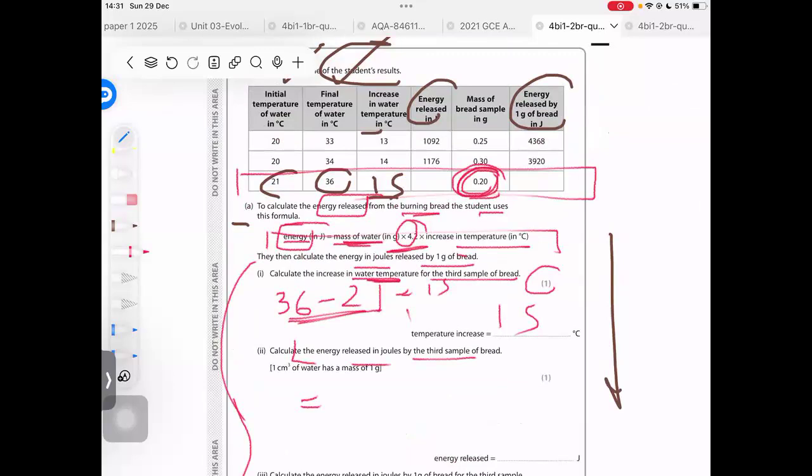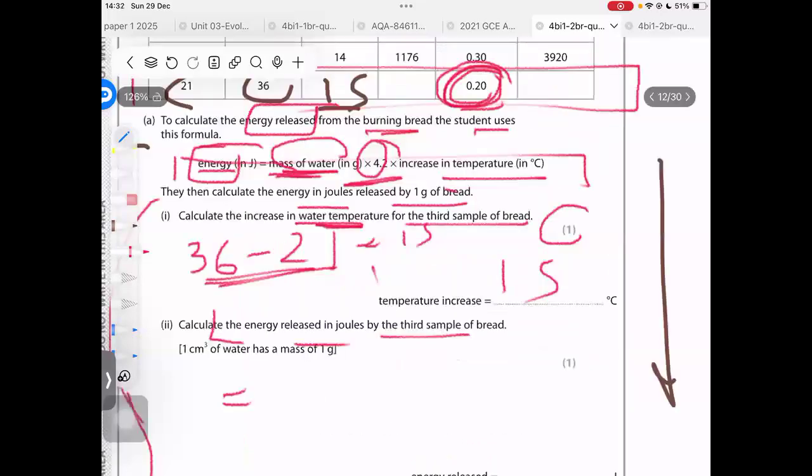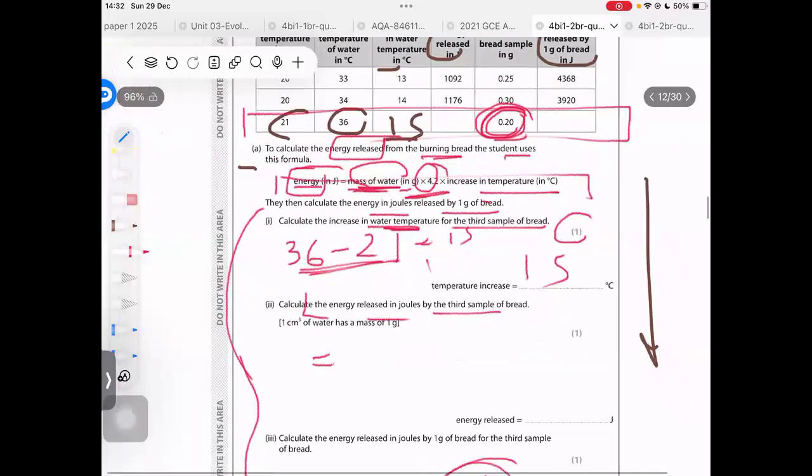So basically, now here they have, even though they have said mass of water, we are considering, yes, 0.2 grams. 4.2 multiplied by 50. Yeah.